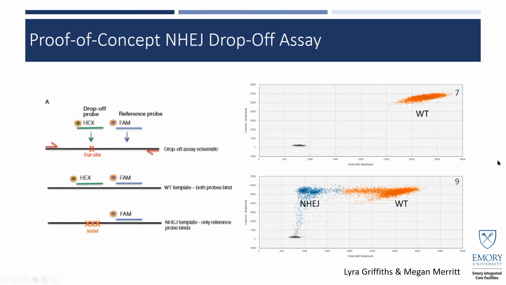You can see that wild type cells, as shown in the upper right-hand box, are a cell population labeled by two different probes, and the bottom box identifies a population which is only recognized by a single probe, as the other probe has been lost due to mutations at a specific site. So it's able to quantitate out of this population of cells what the population of gene editing in that cell pool is.